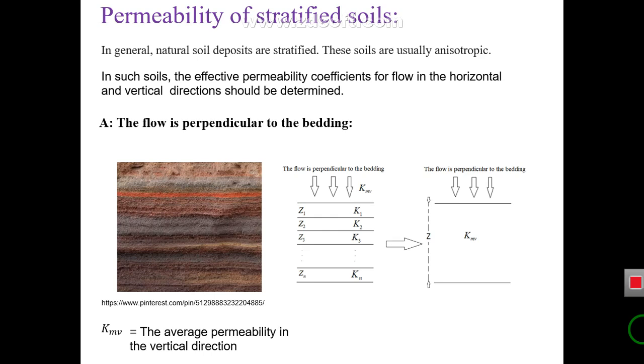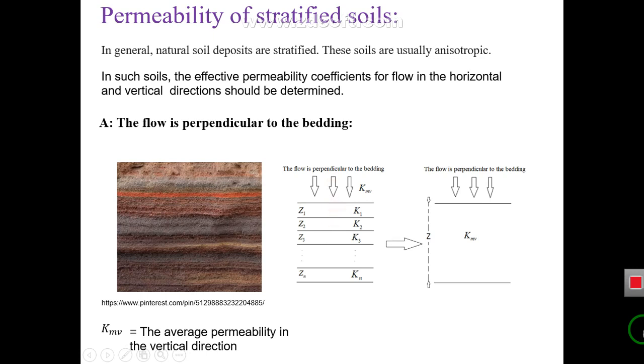As these pictures show, the sedimentary environment consists of a number of layers with different thicknesses and permeabilities. I mean, each layer has its own thickness and permeability. As I said, the groundwater flow is perpendicular to the stratification.